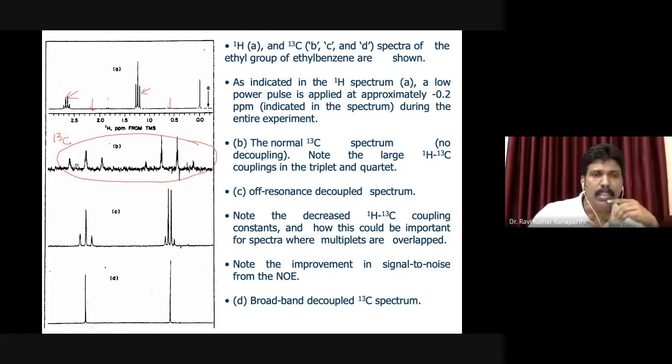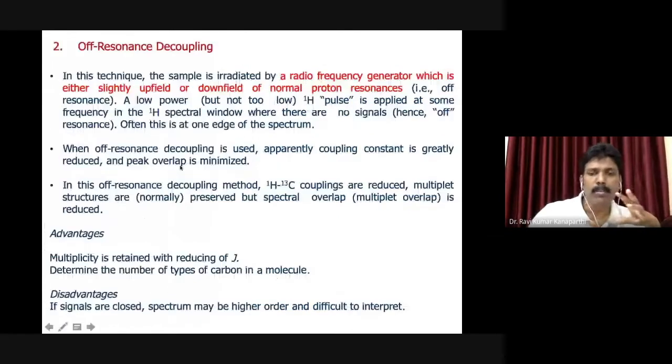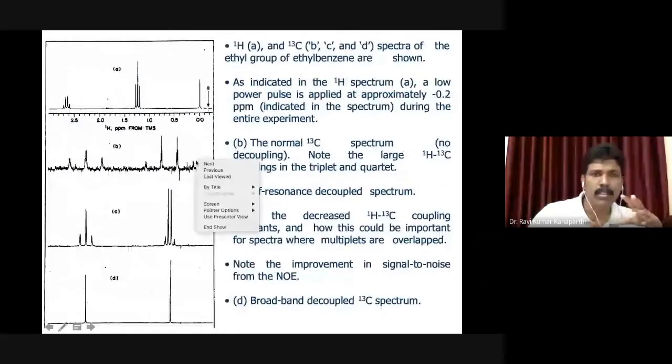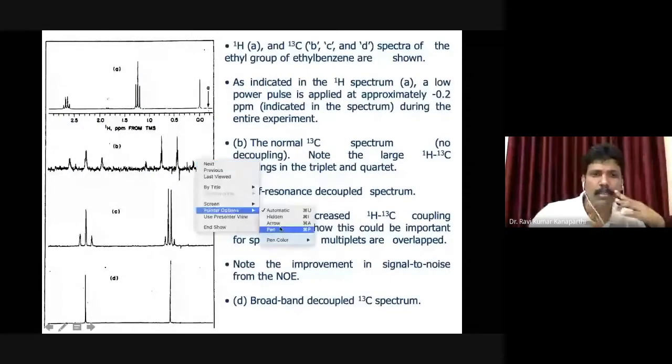You can see here there is a triplet. There is one peak, one peak, another peak. There are 3 peaks. And then here there is a small spike, and then there are some intense 2 lines, and then here you can see another one. So this is the problem that we want to eliminate in our carbon 13 NMR. Okay, so this is a coupled spectra.